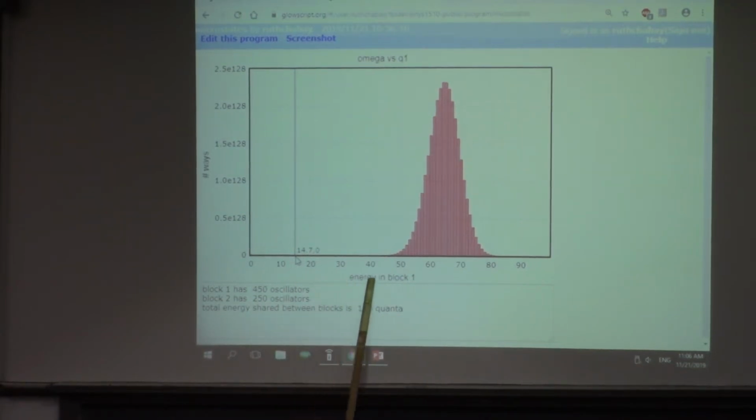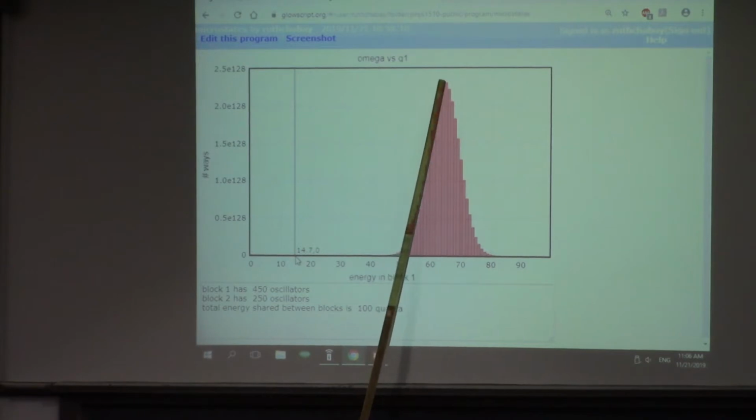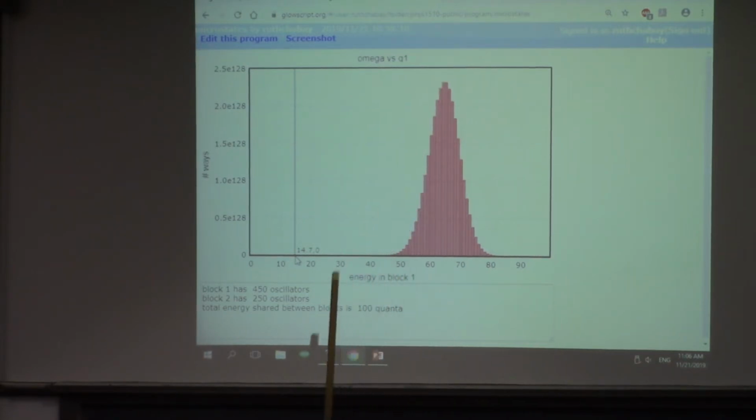So we have the amount of energy in block 1, so that's a macrostate. For each of these, we could calculate the number of possible microstates. And we found that the most probable situation is the one that has the most microstates associated with it. Why is it the most probable?